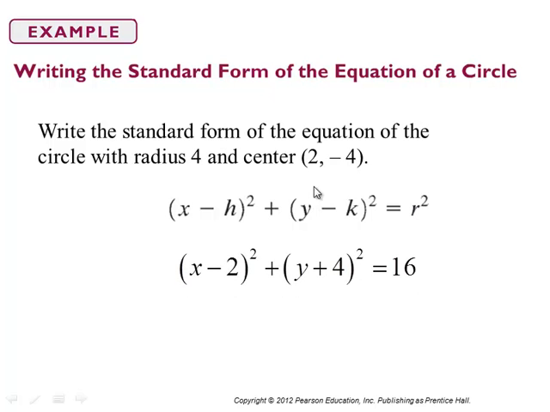So here in our next step, we plugged in 2 for h and -4 for k. Y minus -4 is y plus 4. And on the right side, we had radius 4 squared, which is 16. And so there, this equation right here is the equation of a circle centered at 2 comma -4 with a radius of 4.